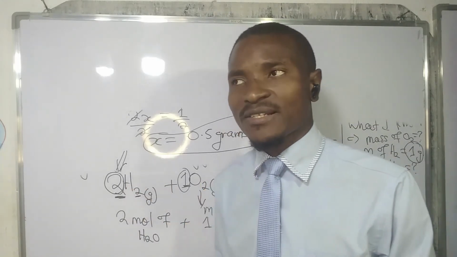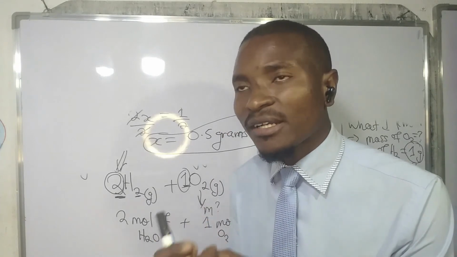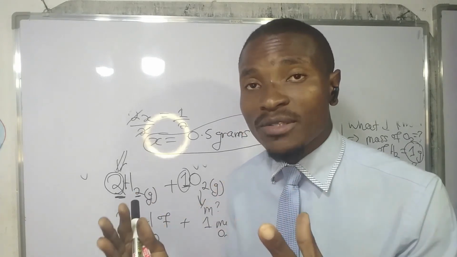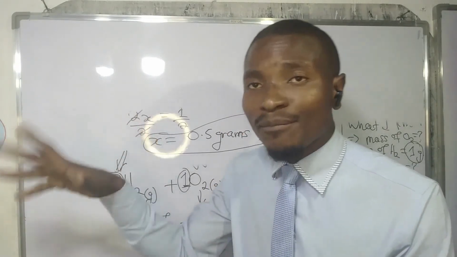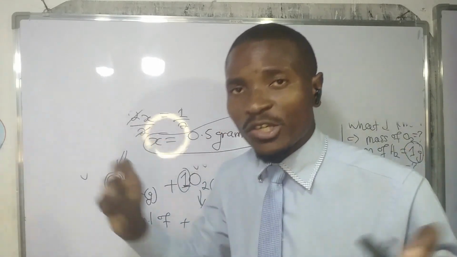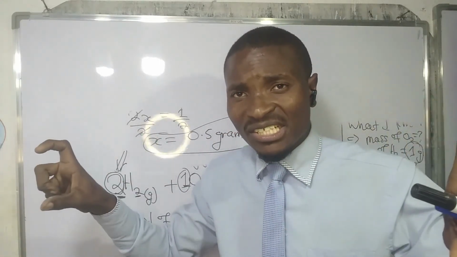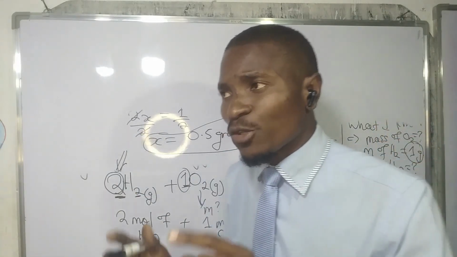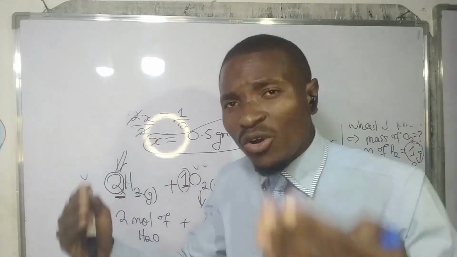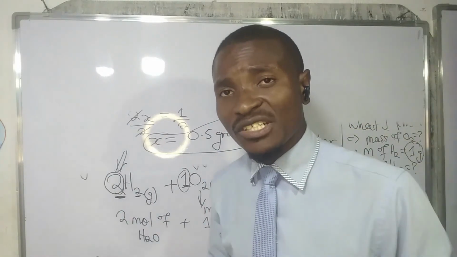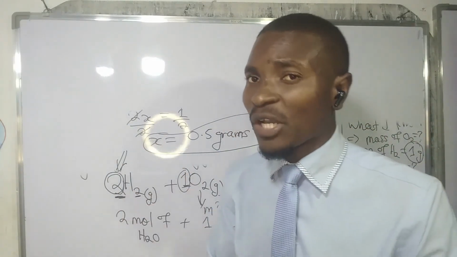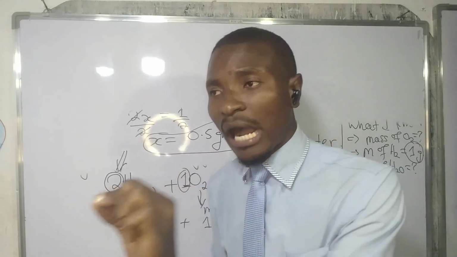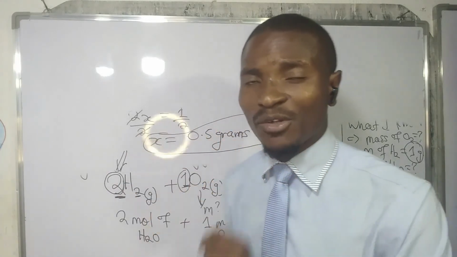All you have to understand is that when you are using the mole concept, calculating the number of moles from the chemical equation or from the chemical reaction, you have to understand those balancing numbers, the coefficient numbers. They are very useful because they describe what is going on in a chemical reaction.